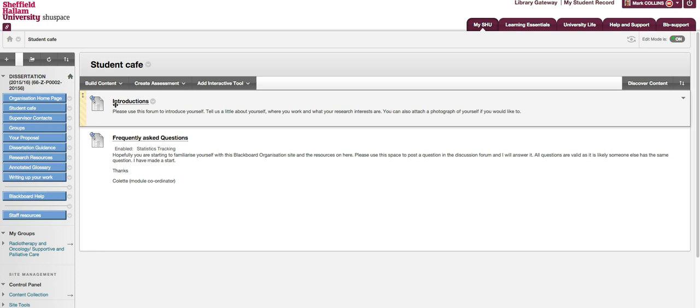It's a module across the whole of AHP and nursing, so there are lots and lots of students on this module from lots of different disciplines, which is great, particularly when you have a look in that student cafe. You'll be allocated a supervisor by the module lead for your group.